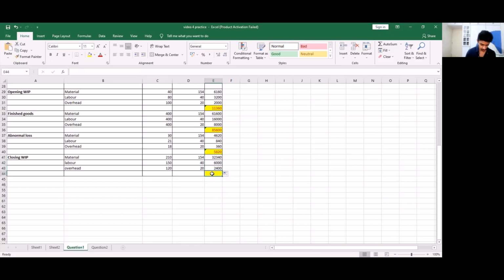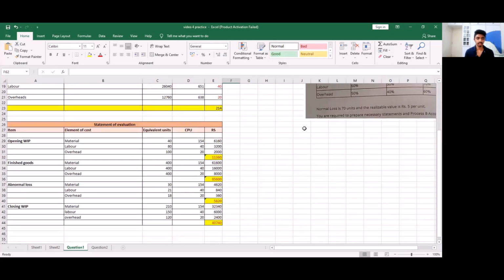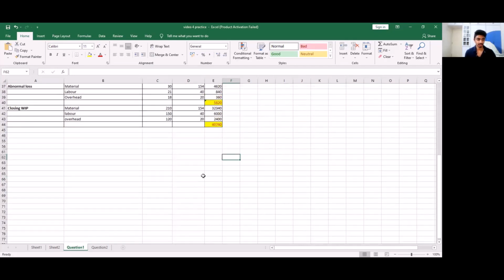We sum it to find the total value of closing work in progress. And with this, we are done with our third account, and the only account left is our process account.